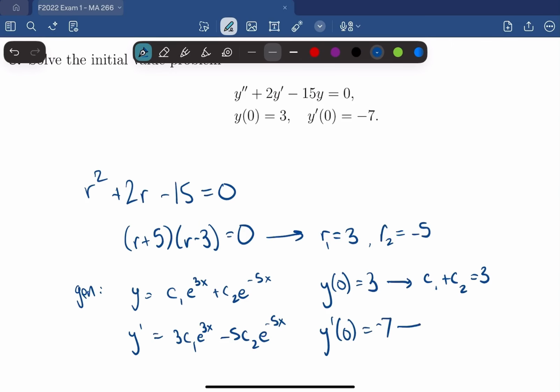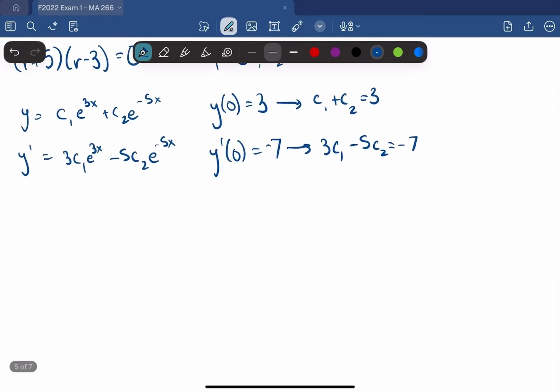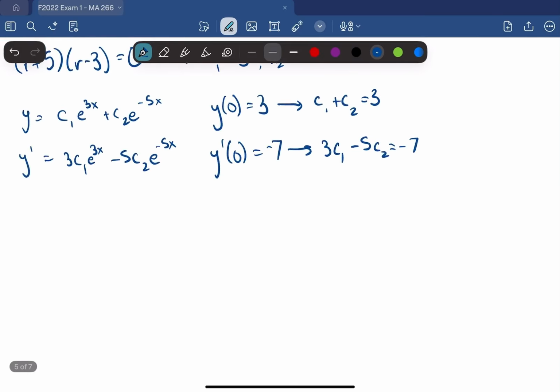So now, again e to the 0 is 1, so we get 3c1 minus 5c2 equals negative 7. And from there, that's just a system of equations. So we can, for example, say c1 equals 3 minus c2.